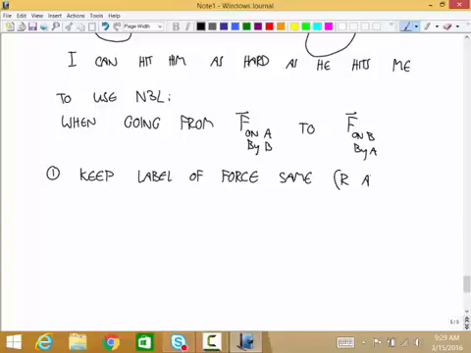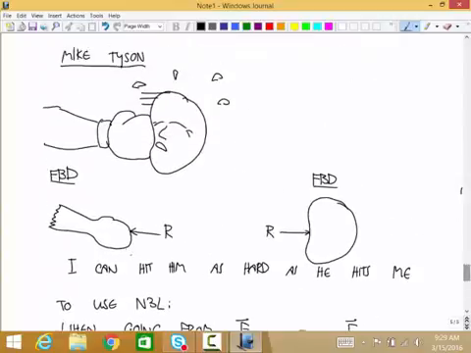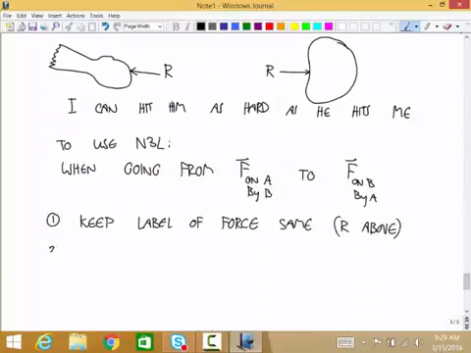So that's the R that I showed above. The label of that force is R, and it's the same here as it is here, but the direction is opposite. So draw the arrow in the opposite direction.